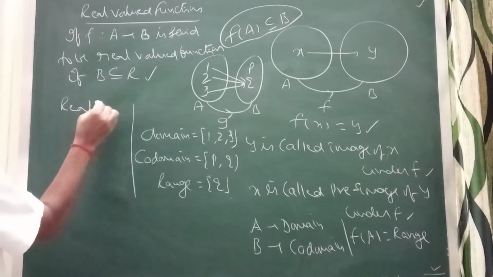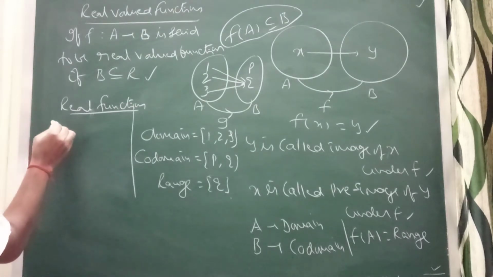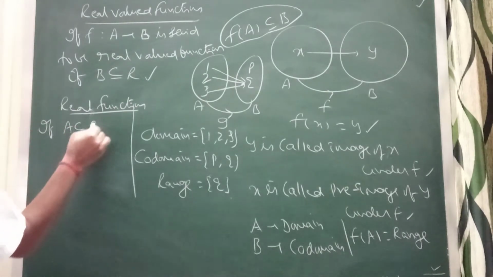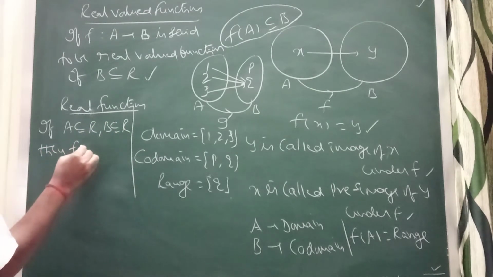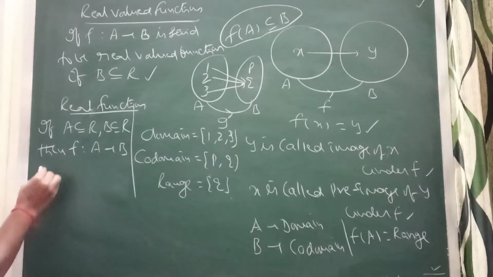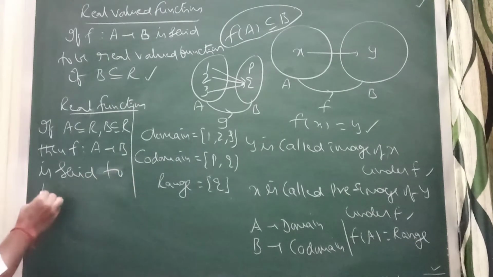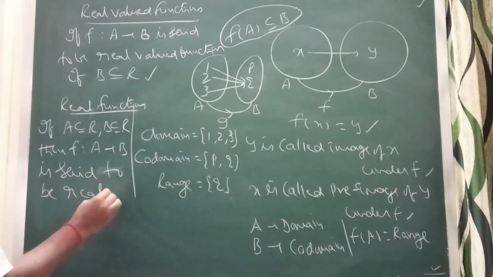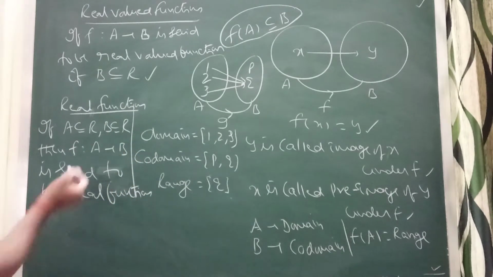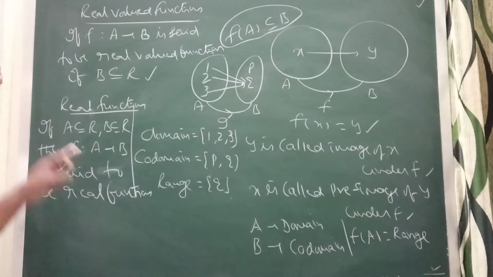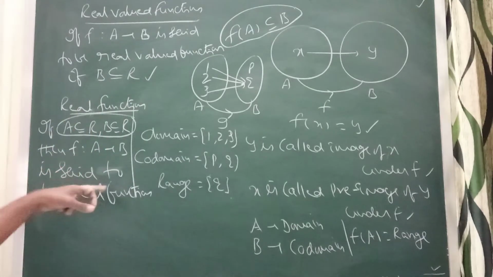If A is a subset of R, B is a subset of R, then f from A to B is said to be a real function.